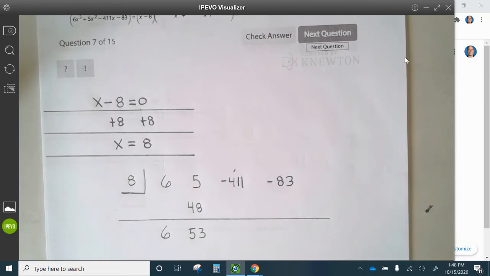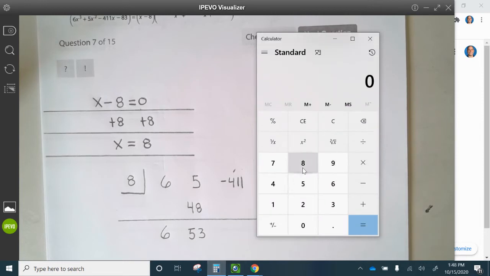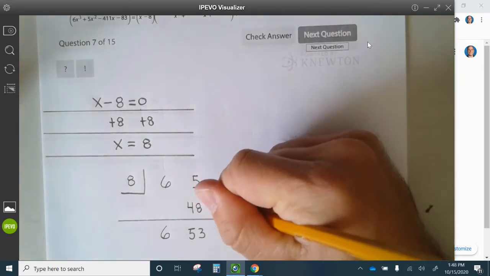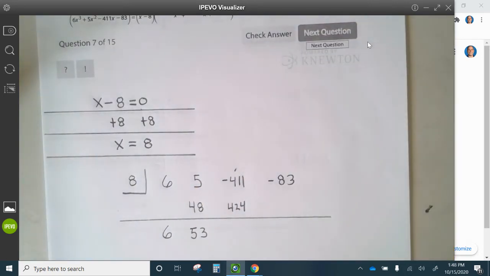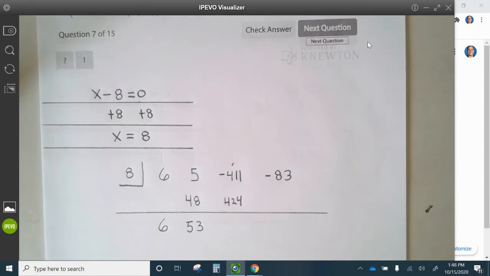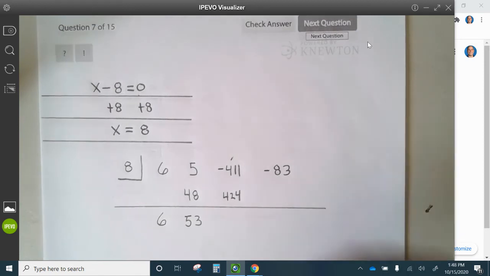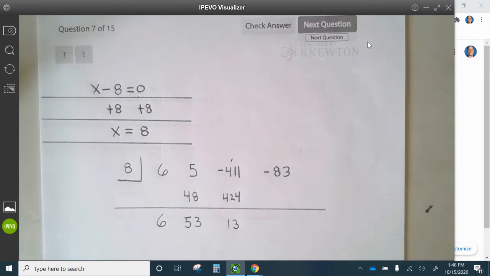Okay. Now, I don't know 53 times 8 off the top of my head. I want to say 424 if I had to guess, but let's 8 times 53 is 424. Okay. Negative 4 and 11, and 424 is 13. Let's see.